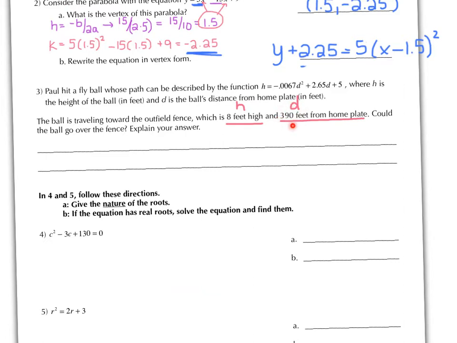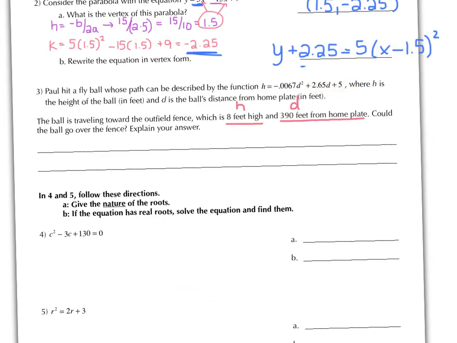Or I could plug in the D value to find out when the ball reaches the fence, how high will it be. Looking at this equation, if I plug in an H value, I'm going to have to solve for D squared and D, and that means I'm going to have to use the quadratic formula. If I plug in a D value, I can plug it in here and here, and then it's just plug and chug. Then it's just type it in your calculator and get an answer.